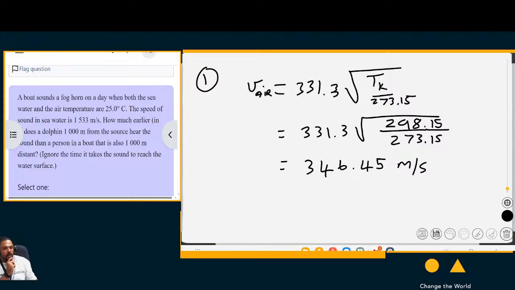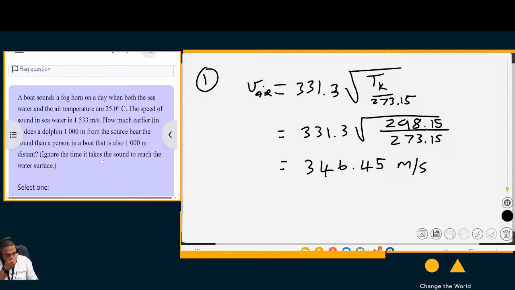Okay, now I want to check something. The square root function here, the fraction function. Okay, brackets, let's use brackets. 298.15 divided by 273.15. I'm just actually doing the calculation to make sure.